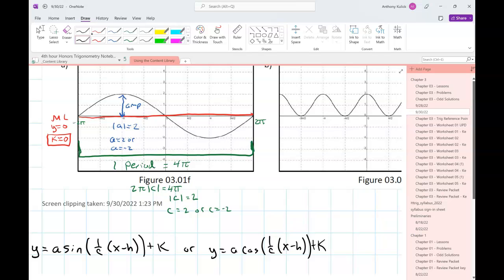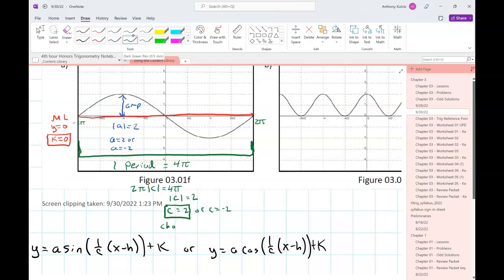So what this means is I can choose A or C to always be positive. Because if there was a reflection going on there, I could pick it up with the H later on. Everybody's okay with that? So what I do is I always choose my C to be positive. Could you do it by picking C to be negative?